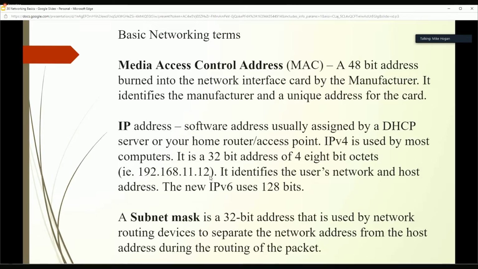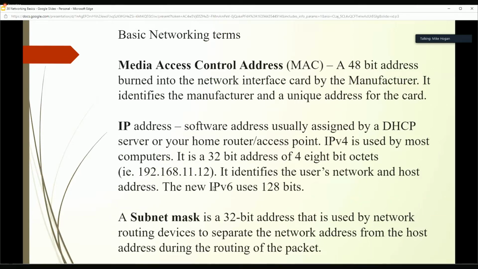The way it's written is these 4 8-bit octets, right? And so we've got 8 bits, and then another 8 bits, another 8 bits, and another 8 bits. And we could represent that in binary to complete all 8 of those bits for each of these octets.